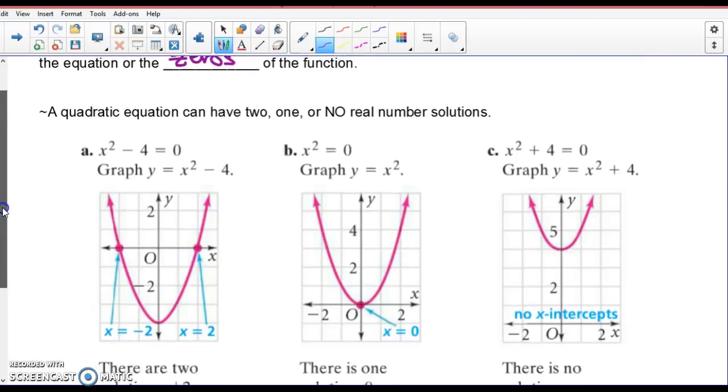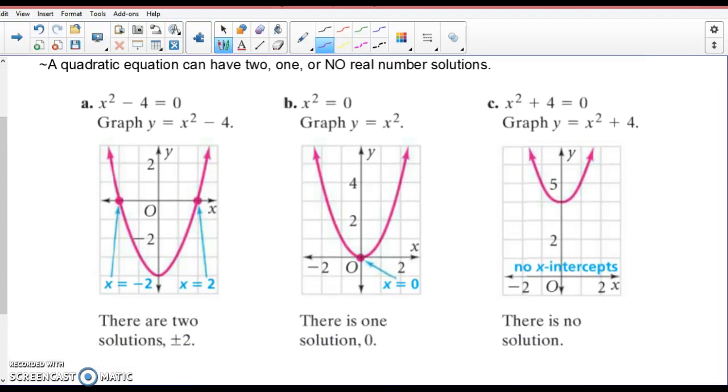Now, I am going to show you something. If I graph this, making a table of values, this is what the graph would look like. This parabola crosses the x-axis right there and right there at 2 and -2. Those are the solutions, and this graph has 2.